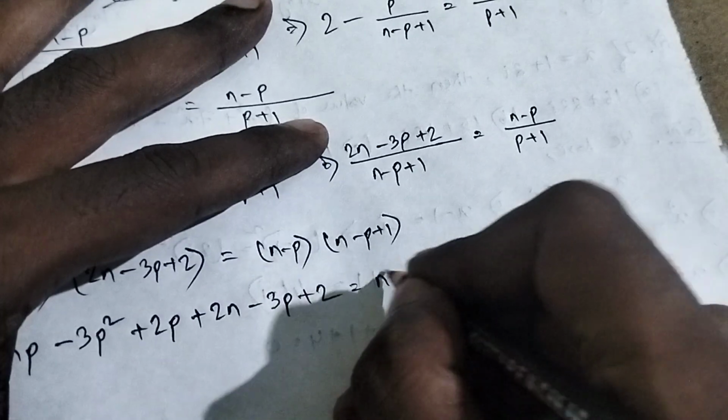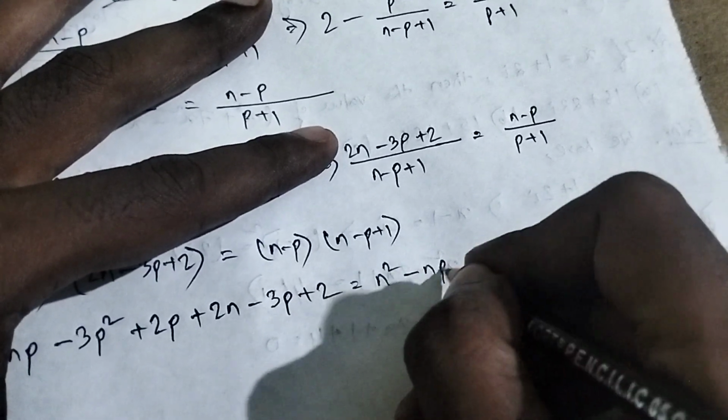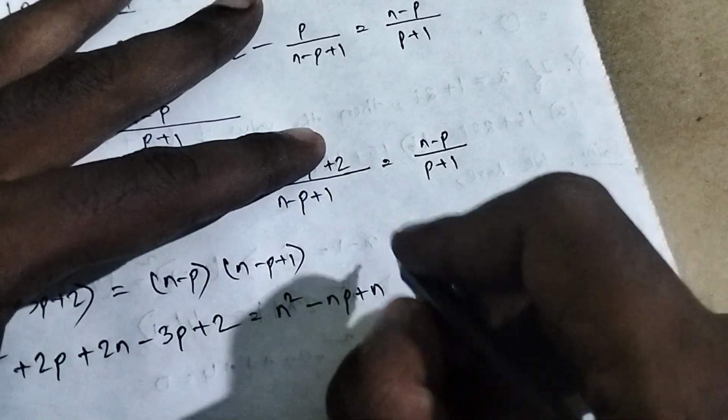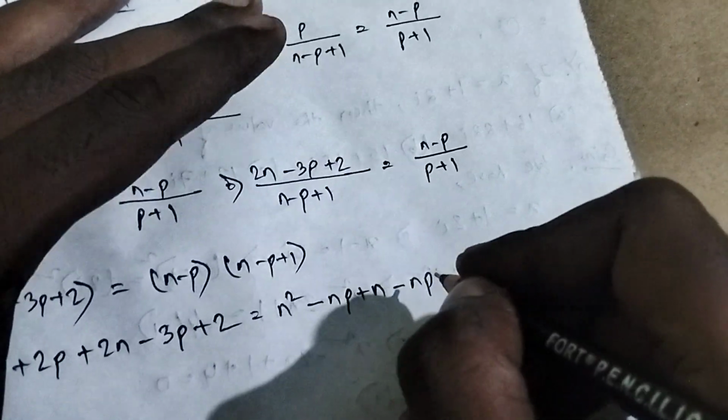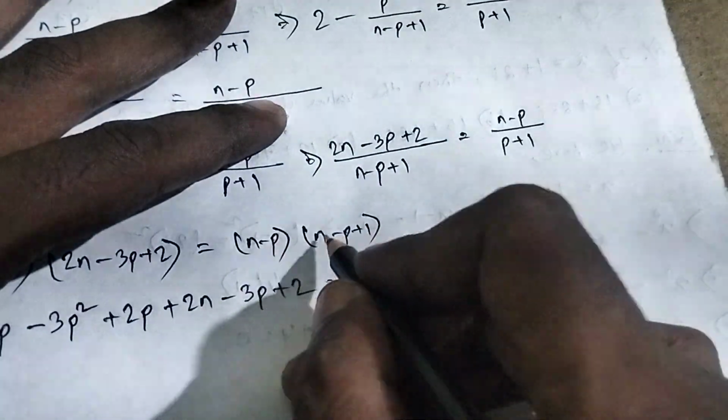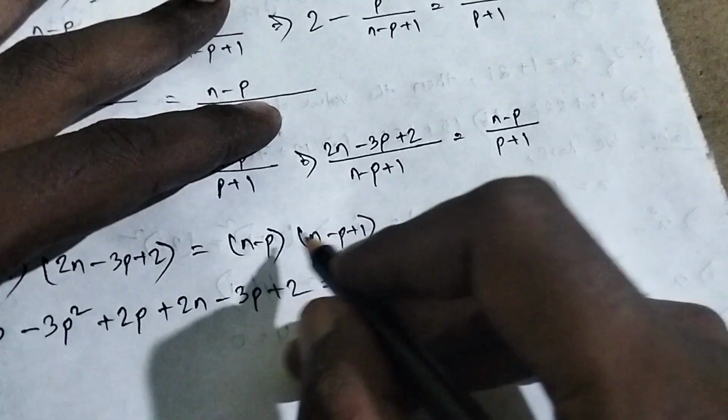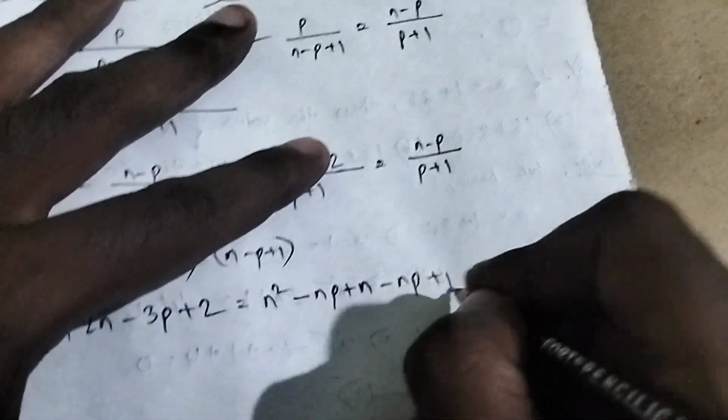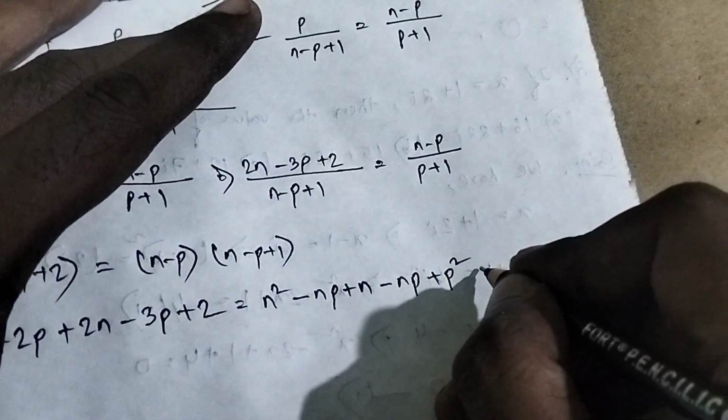Okay, here we have n square minus np plus n minus np, minus p into n is np, minus np, then plus p square minus p.